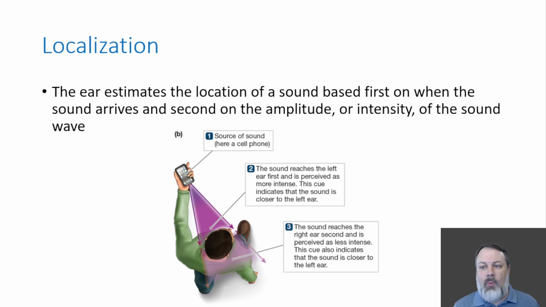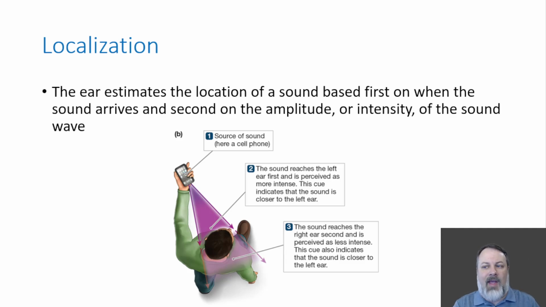And so when we are trying to estimate the location of a sound, there's a difference. When a sound is coming straight at you, you receive information from your ears at the same time. If sound is coming from a different direction, though, then it will interact with one ear before it interacts with the other ear. And so we can use the difference in when the sound interacts with one ear versus the other to help us orient that the sound's coming from a particular direction.